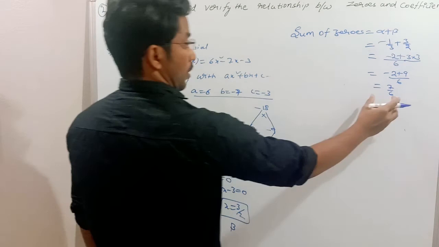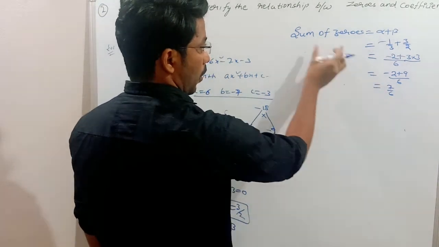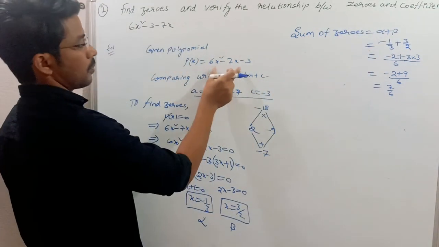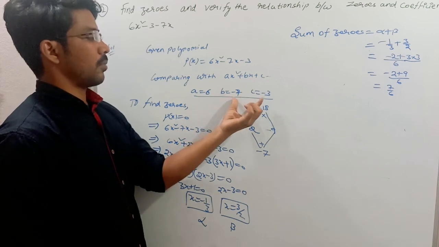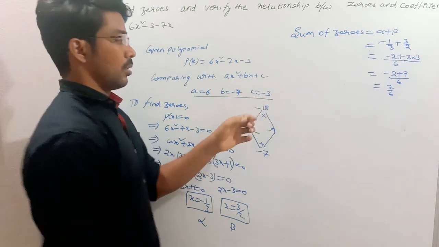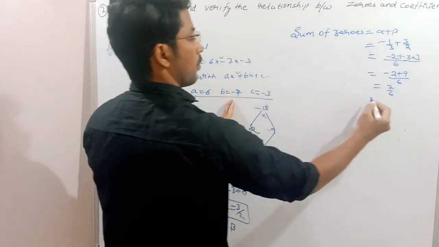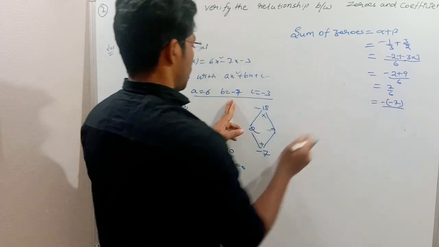Now what is the relationship between this 7 by 6 obtained as the sum of zeros and the coefficients of this polynomial? If you observe here, a is 6, b is minus 7, c is minus 3. So here 7 is there and the b value is minus 7. Can we keep it as minus of minus 7, by 6?